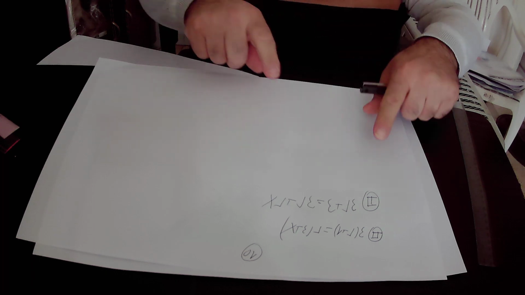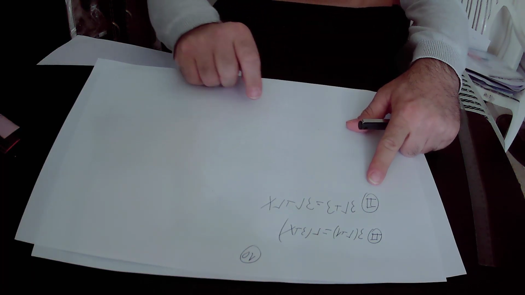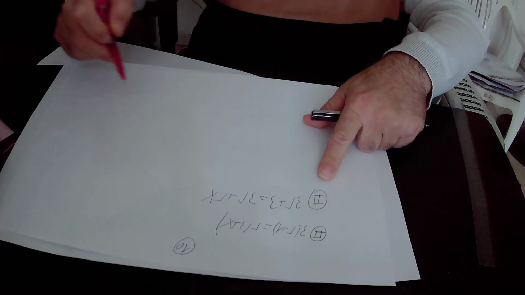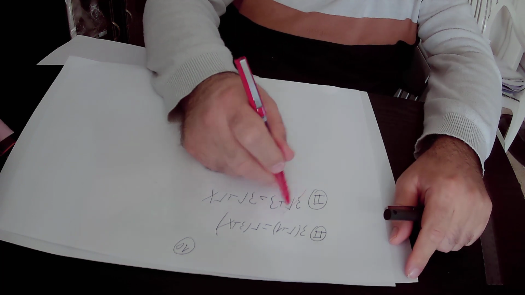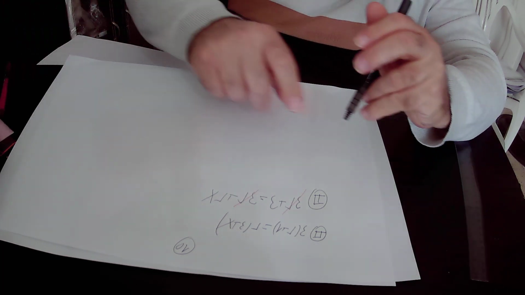Here we will subtract 3R from equation number 2. So 3R will get cancelled, and what is left after we cancel 3R from equation number 2?